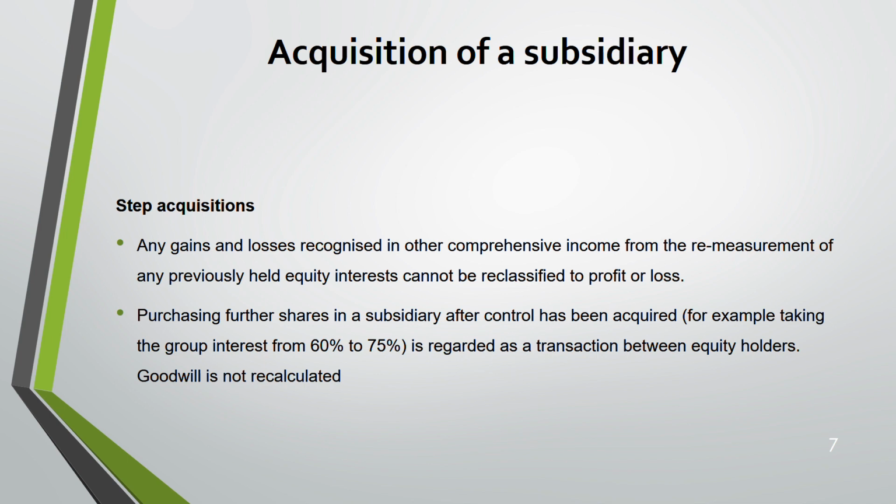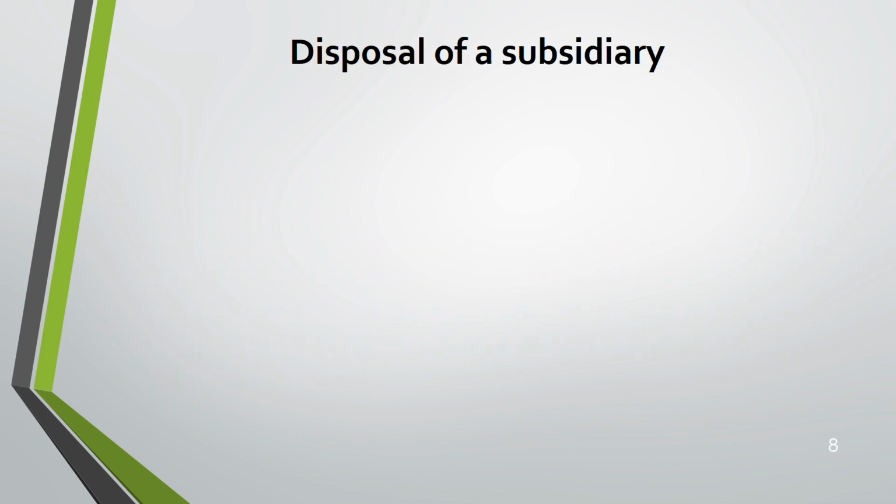Okay, that's why goodwill is not recalculated. This is what you need to understand. Even for the disposal it is the same thing. It's just the opposite. It's just a transaction between equity holders. Now, next is a disposal of subsidiary. But before we come to a disposal of subsidiary, same way how we have done for the mid-year acquisition, we are going to do a step acquisition question. So let's do that.